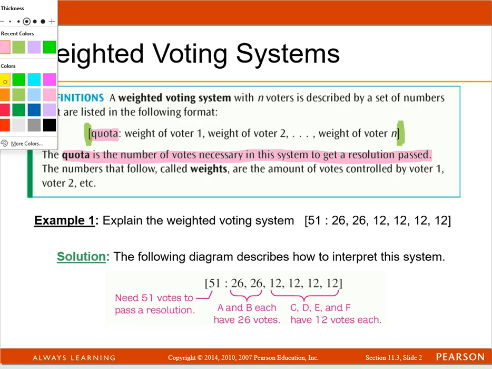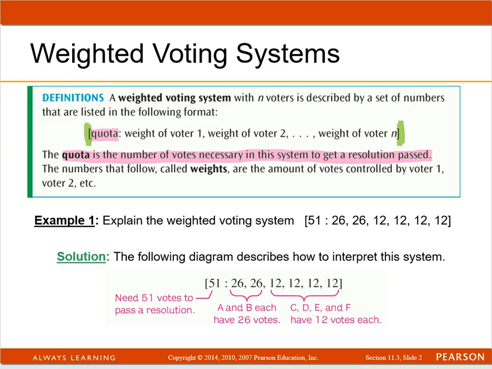After that, the numbers that follow are called the weights, and they are the amount of votes controlled by voter 1, voter 2, etc. So there'll be a number here and a number there, and then as many numbers as it takes to get to whatever n is.